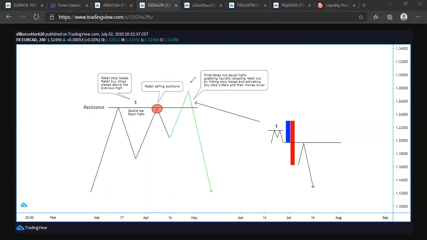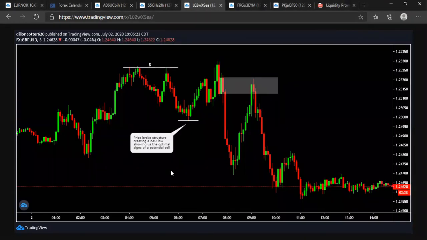The problem is that retail will enter the market very early in some cases, and this is why that happens. So here in this example on GBP USD, this was a setup that I actually had taken yesterday.